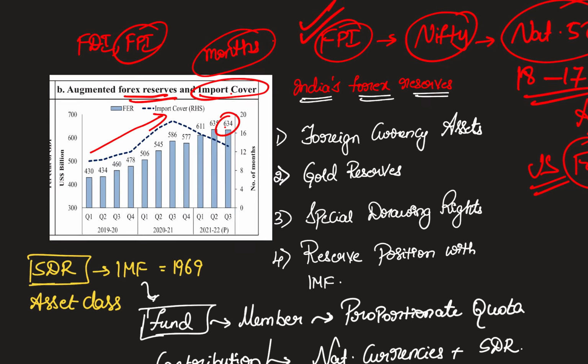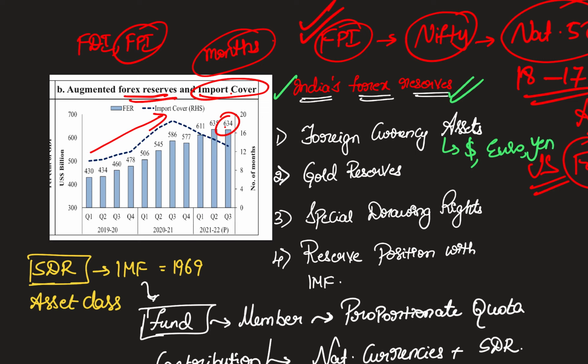Therefore, in such a case of volatility, it is important for us to know India's forex reserves and the components. What constitutes India's forex reserves? Firstly, foreign currency assets. Let's say, for example, dollar is there, euro is there, yen is there.